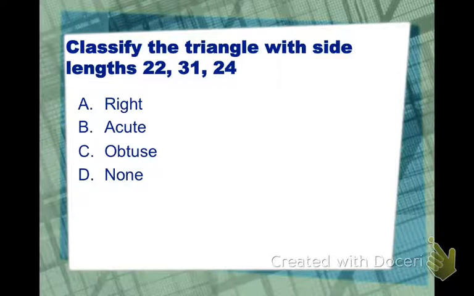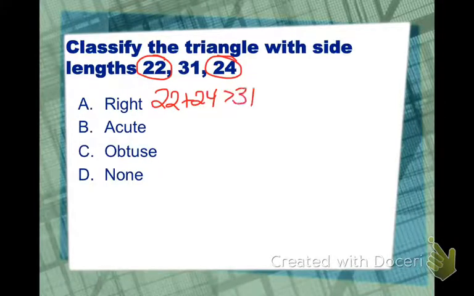Okay, here we go again. Three new side lengths. Let's do a quick check to see, do they add up to something that's greater than the third side? Definitely 46, yes.